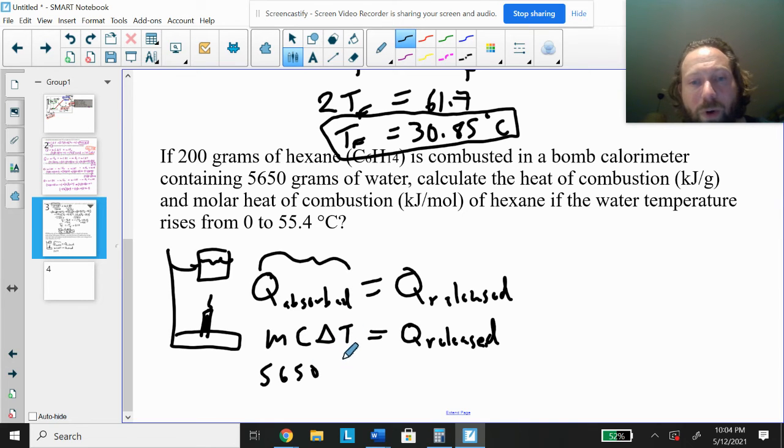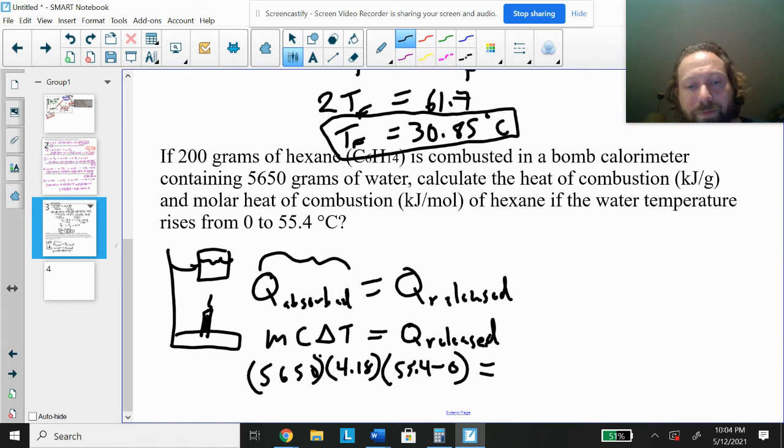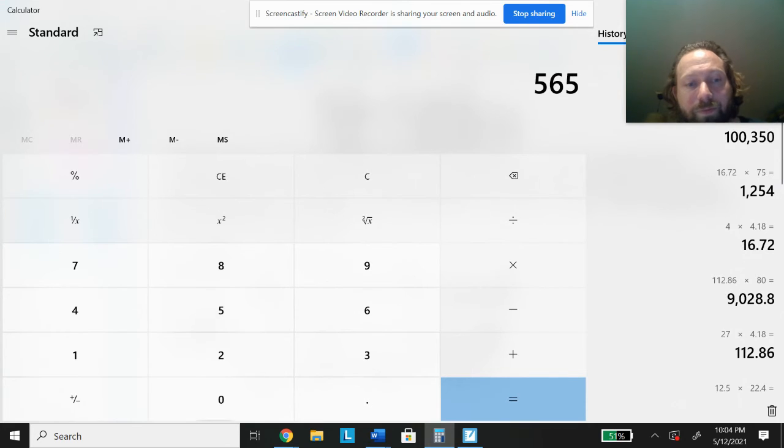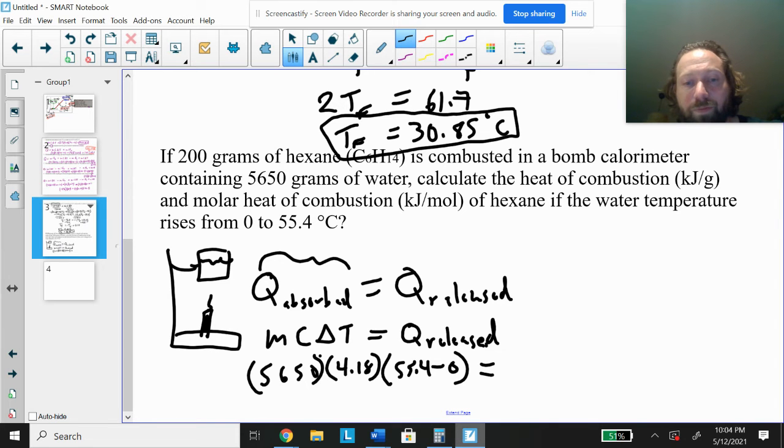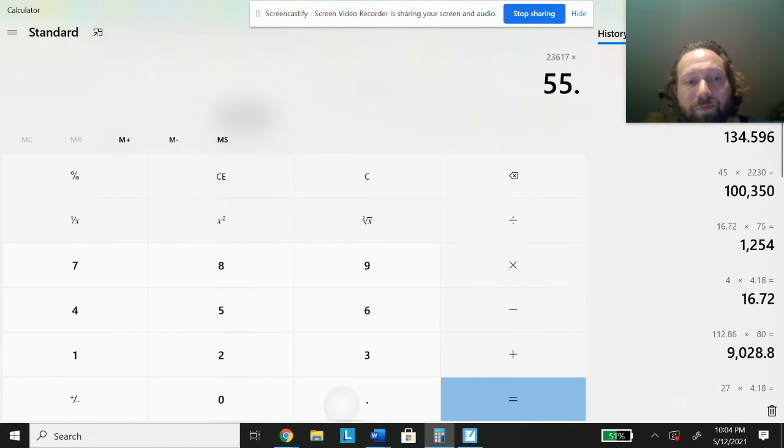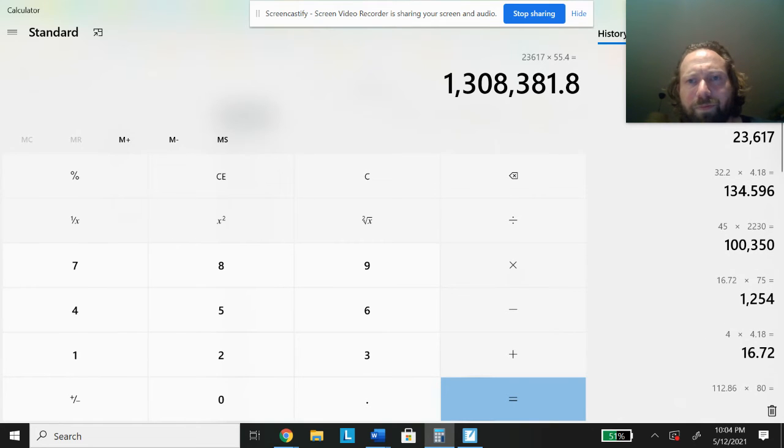The specific heat of liquid water is 4.18, and the temperature change is final minus initial, so 55.4 minus 0. This equals 1,308,381.8.